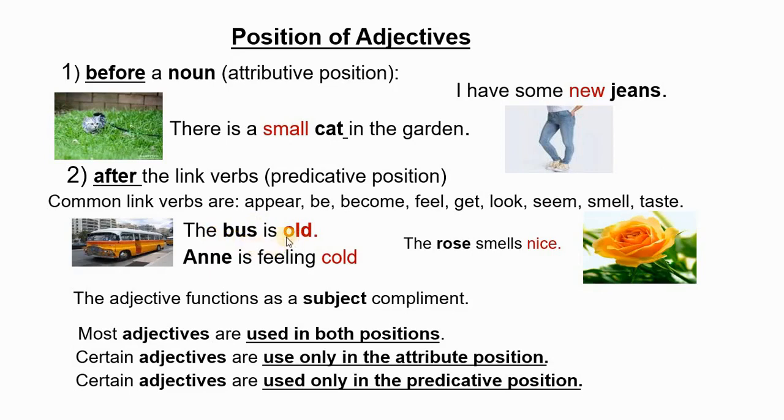And this is the adjective old. And as you see, the adjective is after the linked verb is. So that is the second position of adjectives in a sentence, after the linked verbs, which we call a predicative position.